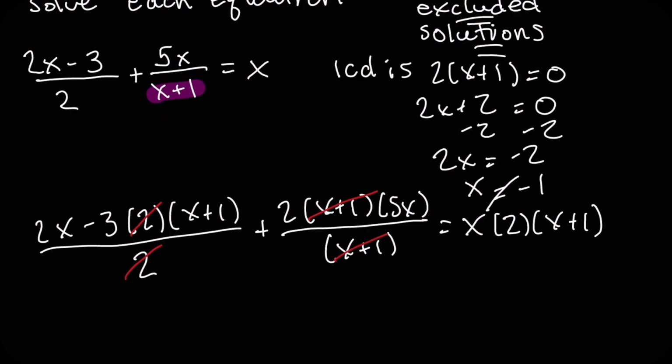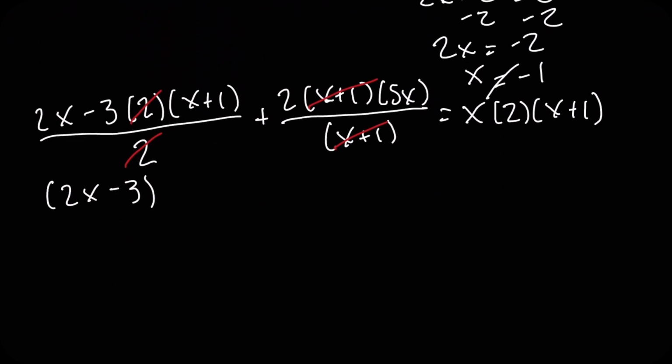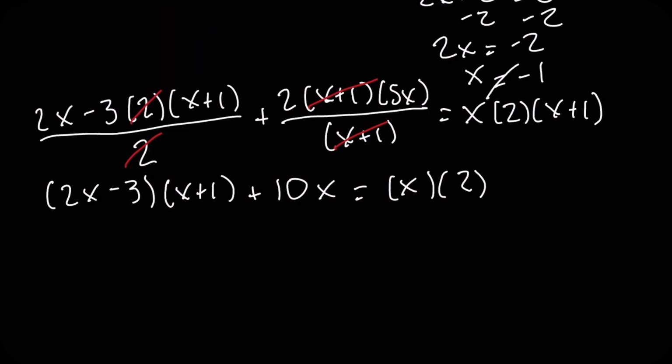So simplifying, we are left with (2x - 3) multiplied by (x + 1), and then we will have plus 10x, and this will be equal to x times 2 times (x + 1).